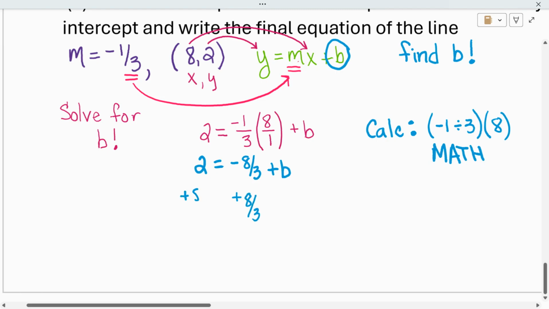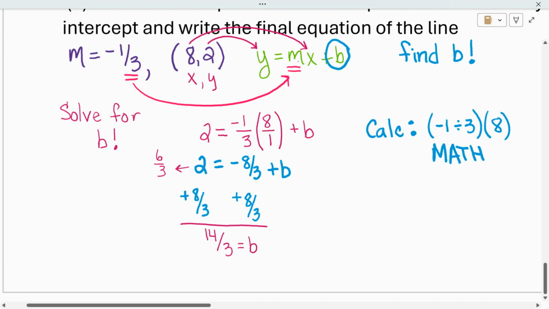Add 8/3 to both sides. Now, I'm going to write something off to the side. I know that the whole number 2 is the same thing as 6/3, but you may not know that. So I know that 6 plus 8 is 14/3, and that's the value of b.